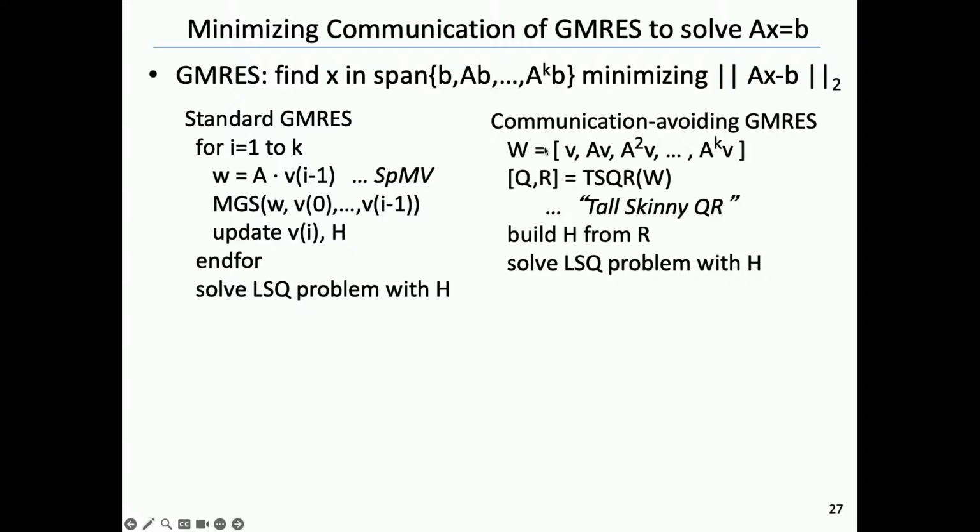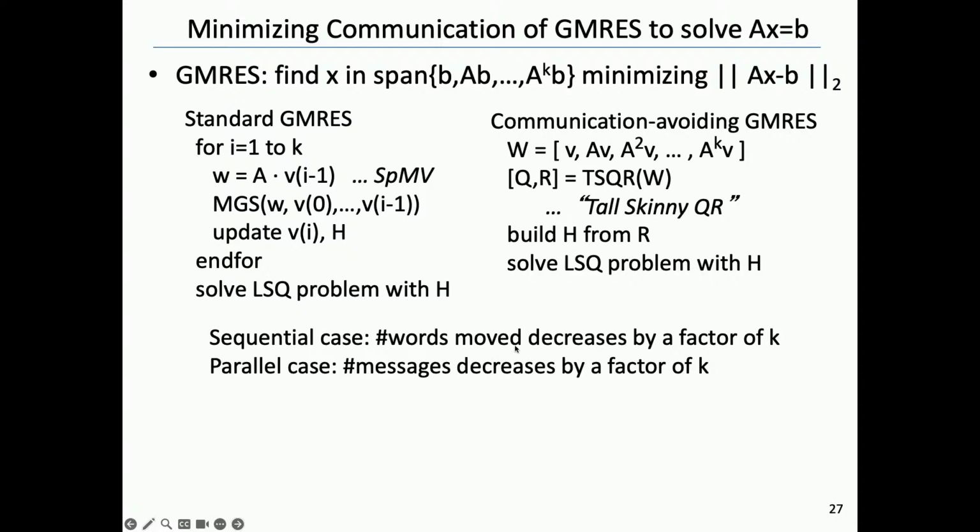So the columns of Q are going to be the same as the columns of V. And it turns out that's enough information to rebuild this matrix from the R factor, and then I do the GMRES as usual. So that's how that's going to work. In the sequential case, the number of words moved decreases by a factor of k. And in the parallel case, the number of messages decreases by a factor of k.